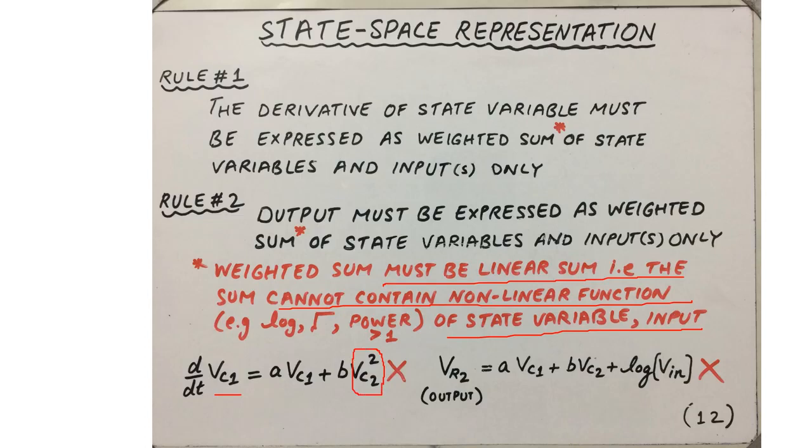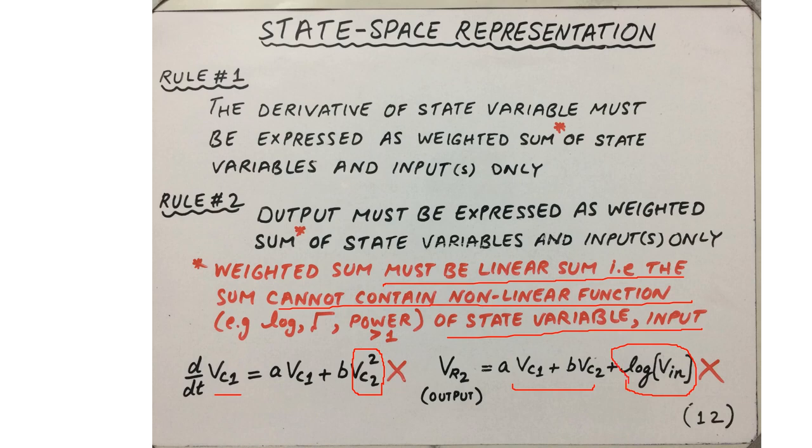That's not allowed. Similarly, if you look at the output equation of the state space representation, the weighted sum must contain a linear function only. That is, no square root, no power, no logarithmic function is allowed. Therefore, this is also incorrect.